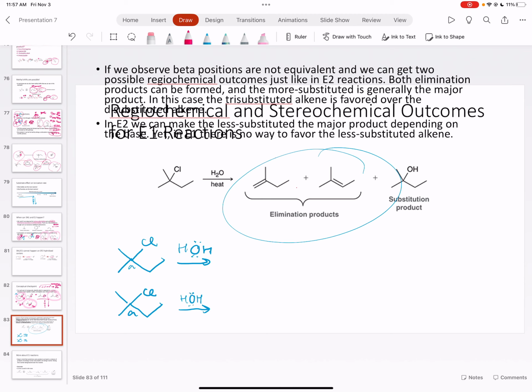So in here, we're gonna analyze this beta, and then in here, we're gonna analyze this beta. I just want you guys to remember how to do elimination reactions. So then in here, we're just gonna remove that hydrogen.